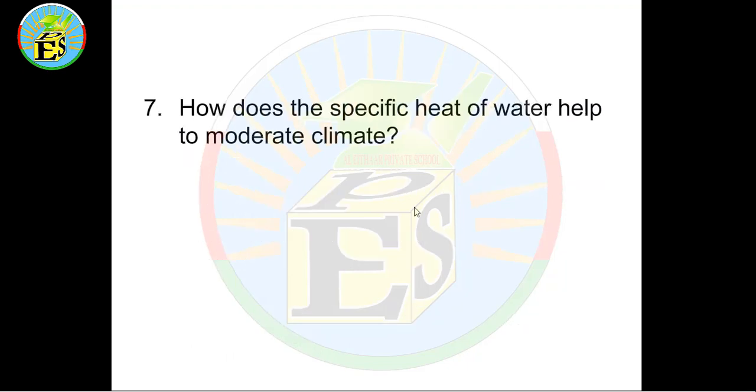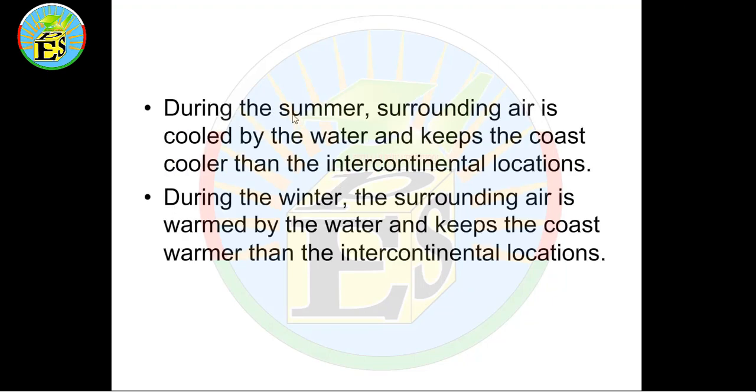How does the specific heat of water help to moderate climate? During the summer, surrounding air is cooled by the water and keeps the coast cooler than the intercontinental locations.